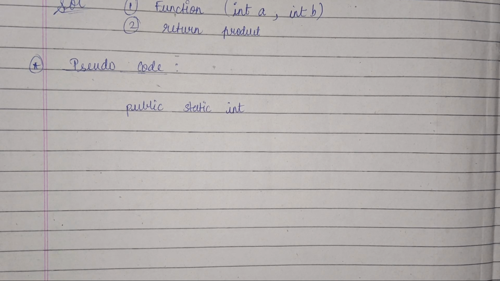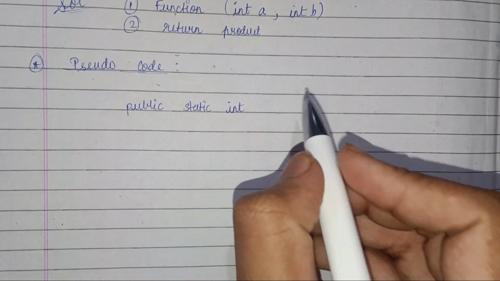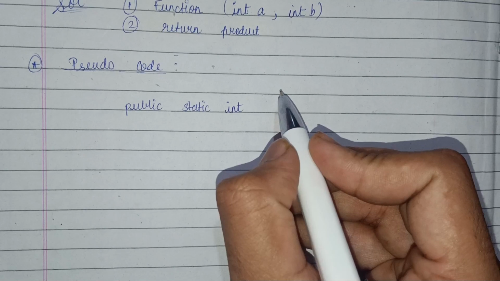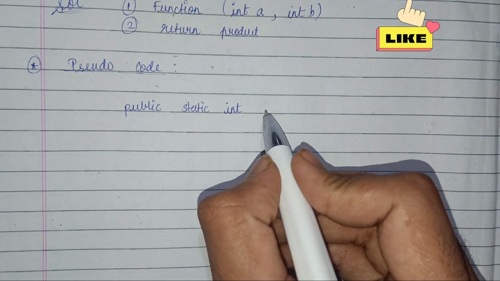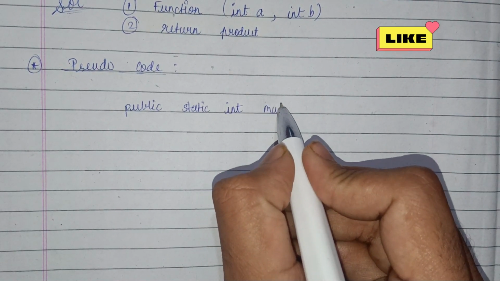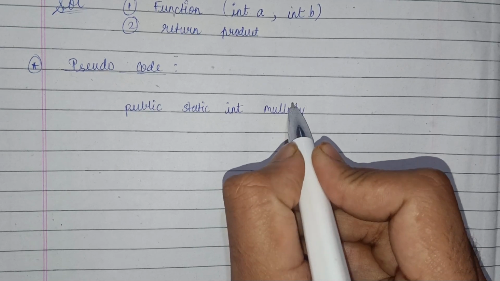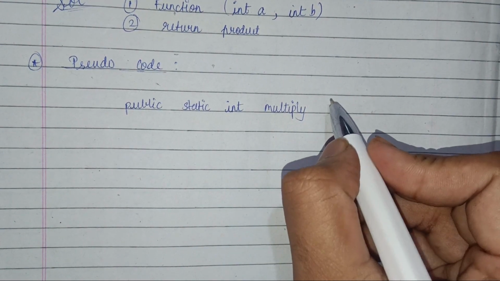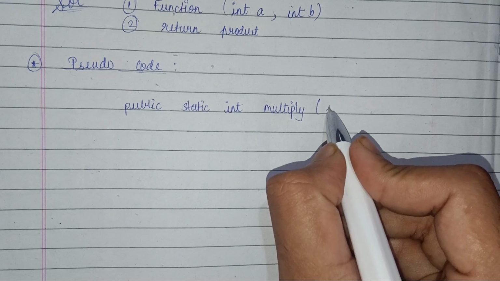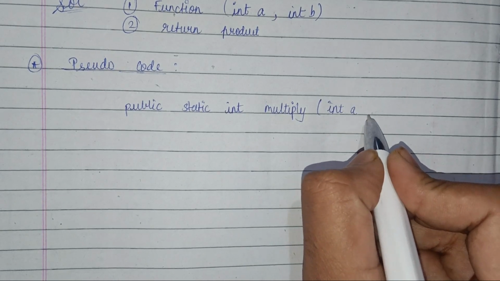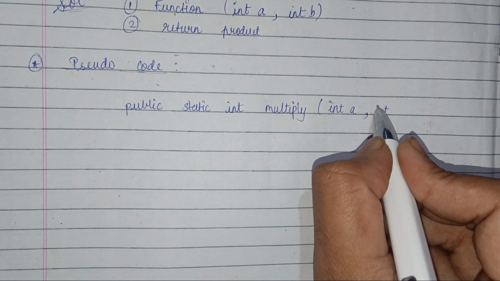That's why I have taken integer here. And the function name, let's say multiply, and we have to take two parameters in that, int a and int b.